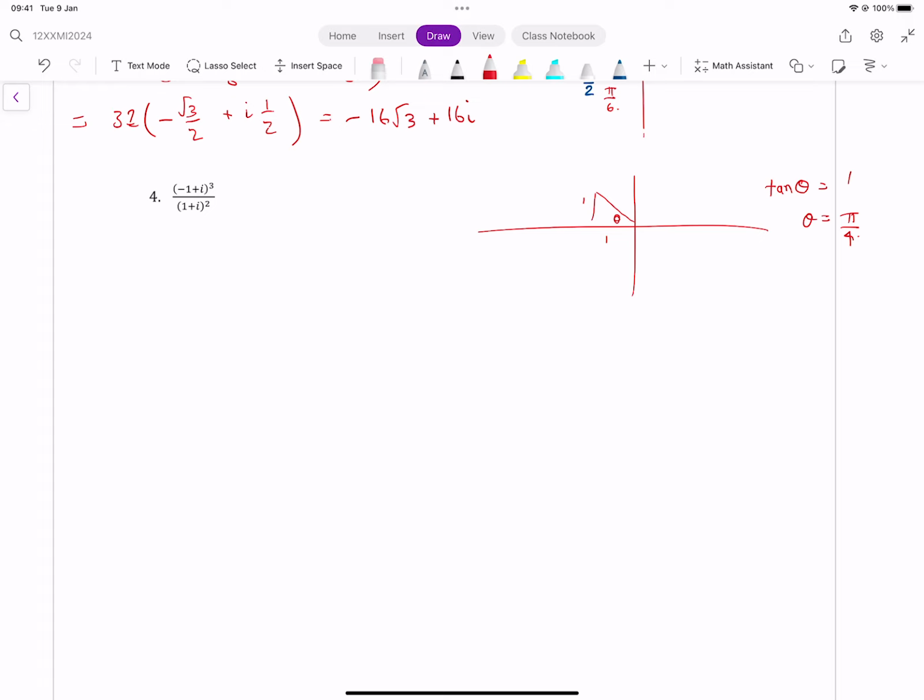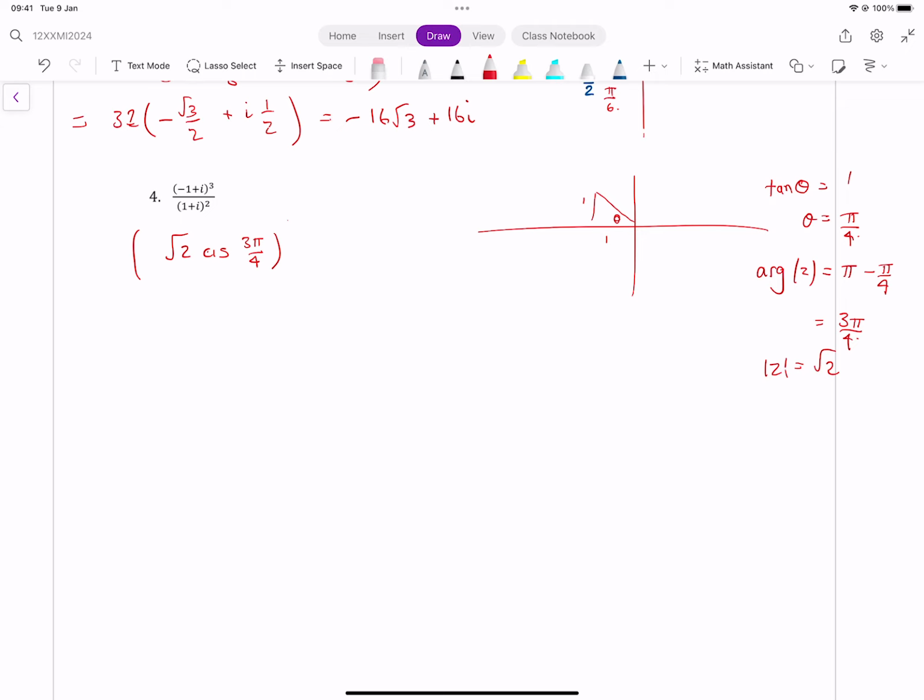However, this is in the second quadrant, so our argument, if we call it the complex number z, is going to be pi minus pi on 4, or 180 minus 45, which is 3 pi on 4. The modulus of any complex number with 1 and 1 is going to be root 2. So on the top, we're going to have root 2 cis of 3 pi on 4.